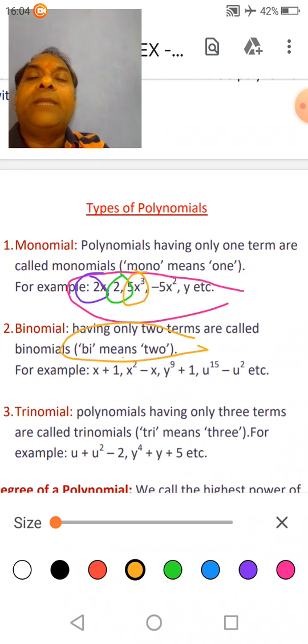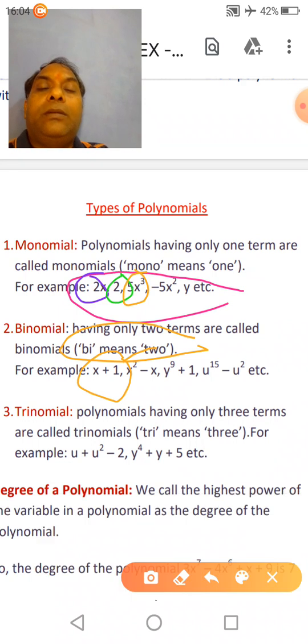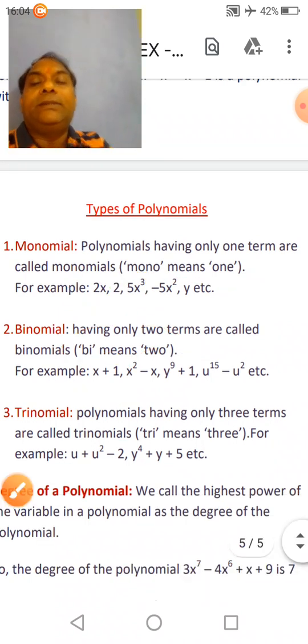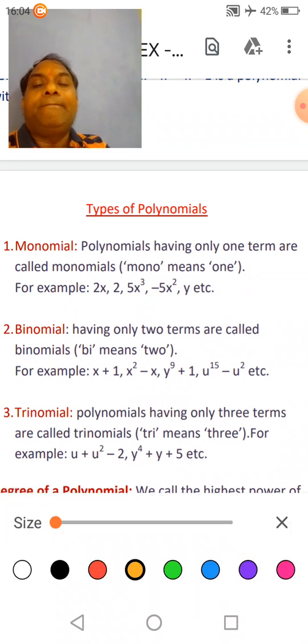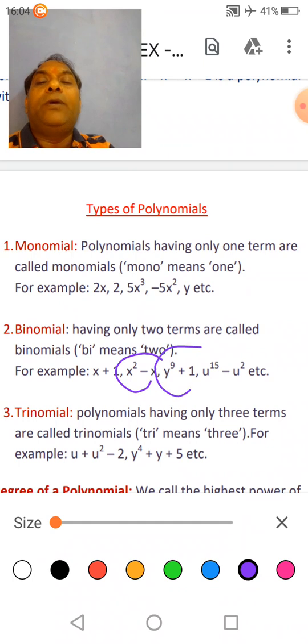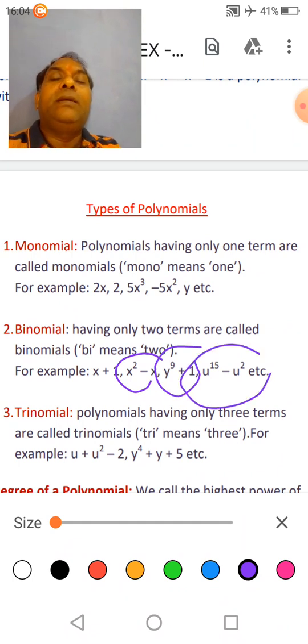So for example, x plus 1 having two terms, x square minus x having two terms, y to the power 9 plus 1 having two terms, u to the power 15 minus u square having two terms, etc. These are examples of binomials. Clear? So binomials have only two terms.